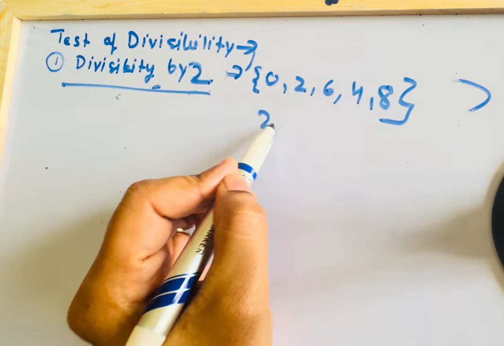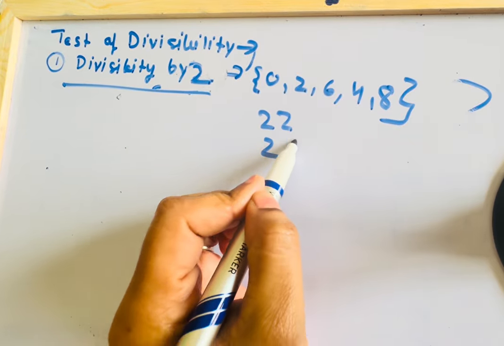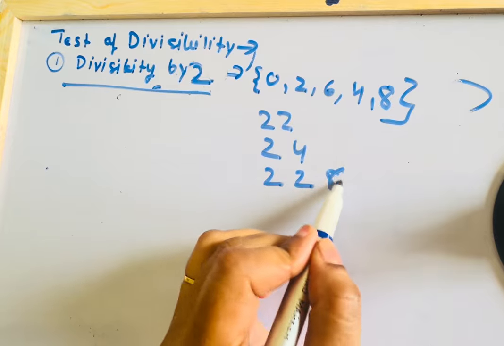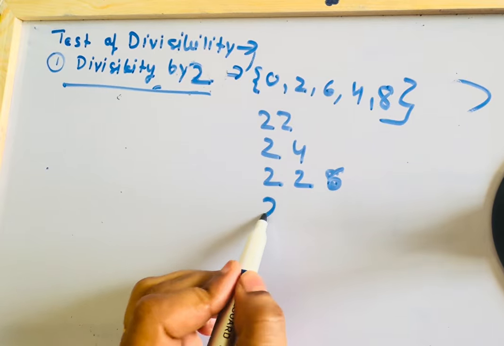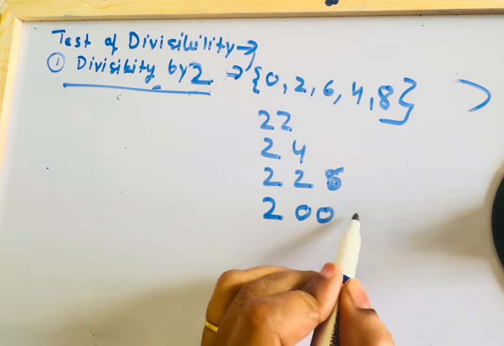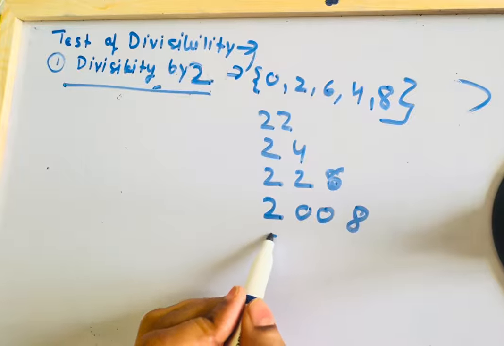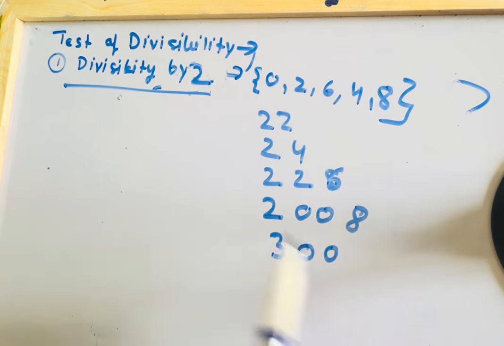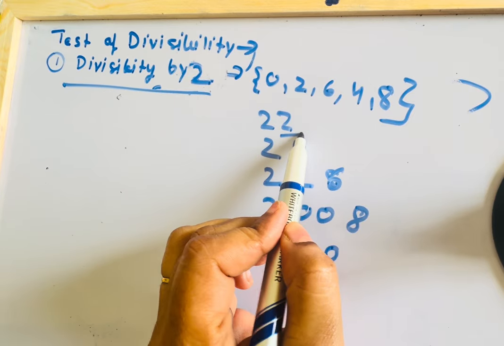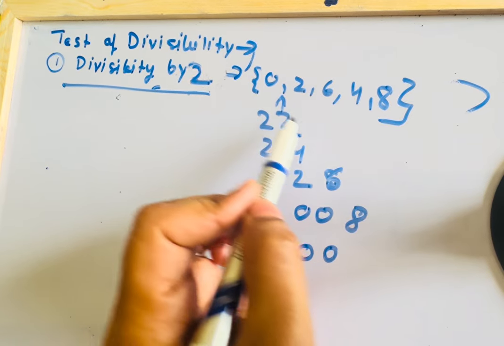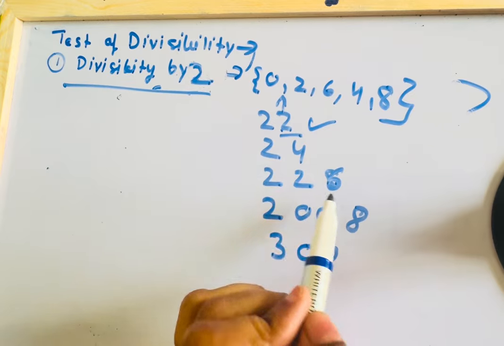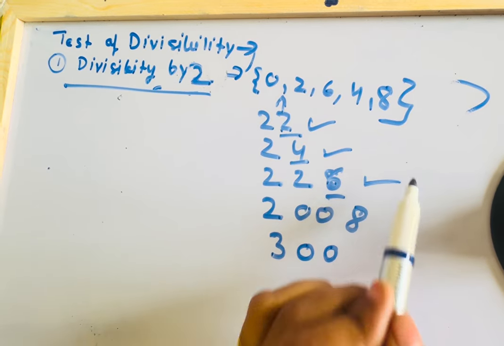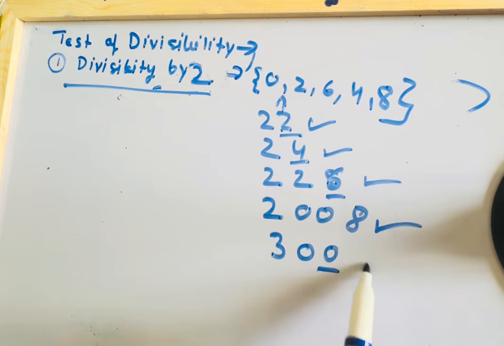For example, 22, 24, 226, 2008, 300. See, here the last one's digit is 2, ones place 4, ones place 6, ones place 8, ones place 0.